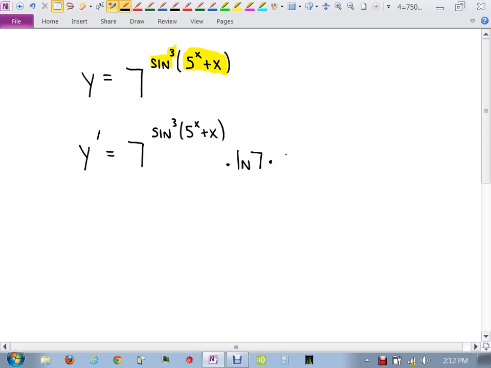So good. 3, because I'm taking care of the cube now, right? 3 sine squared of 5 to the x plus x. So now we've taken care of the derivative of something to the third power. Chain rule says keep going, times, now what was the next thing?